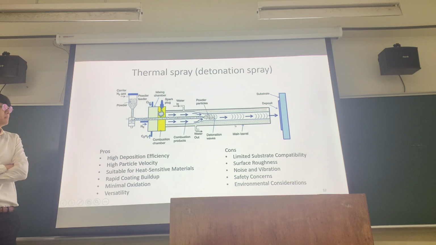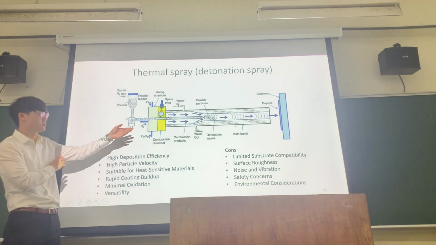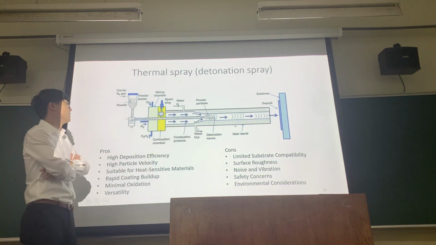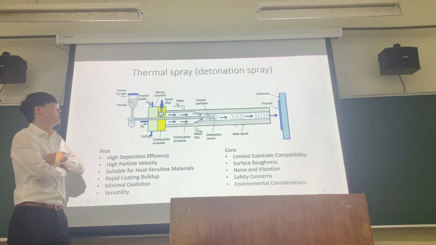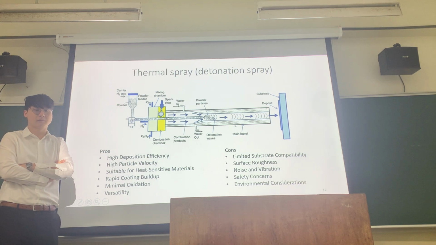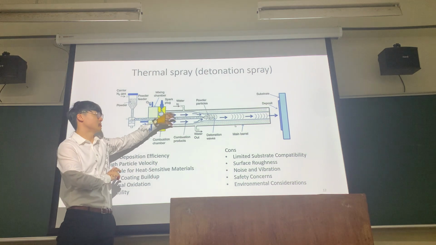Again, this nozzle can be variations of different design. Over here, it has a feature of a somewhat similar structure of a cold spray, and then you have powders feeding inside from the conversion site. But interestingly, the way that they do the detonation is by having an explosion chamber or combustion chamber over here.